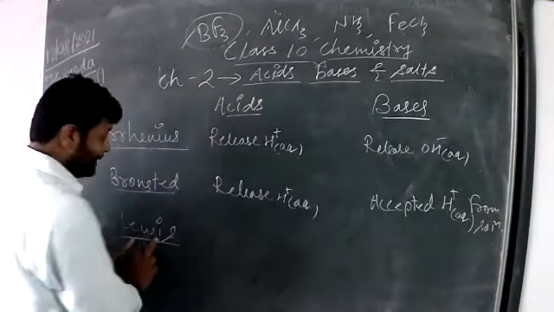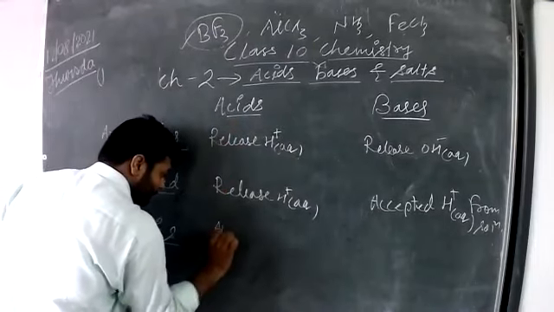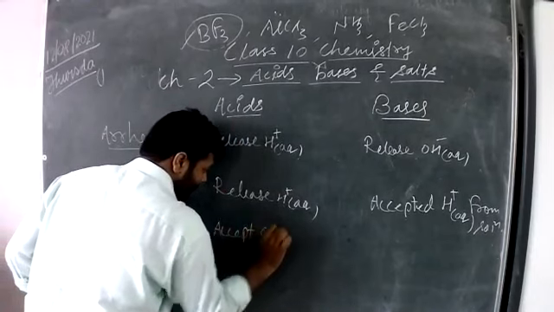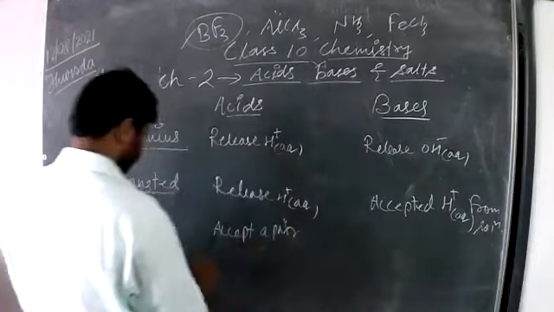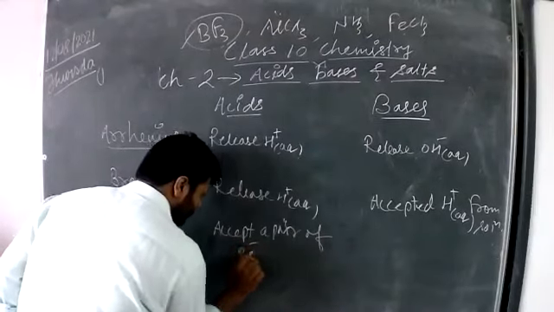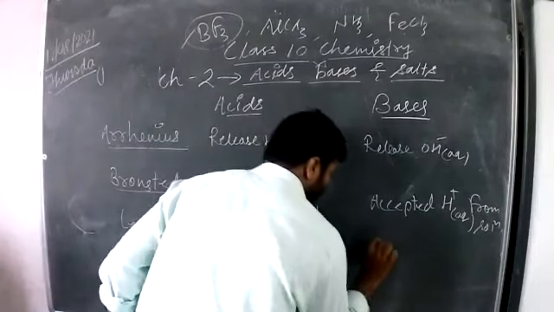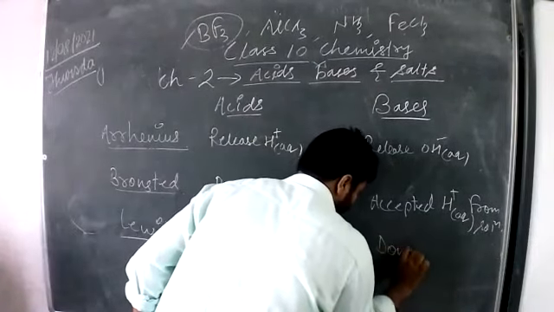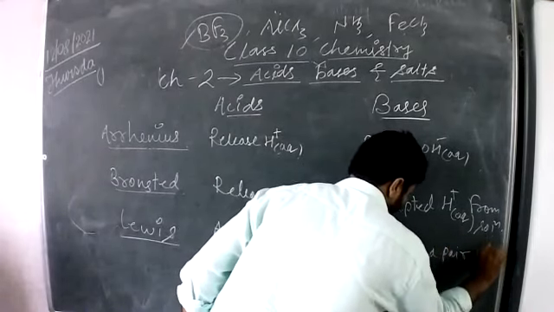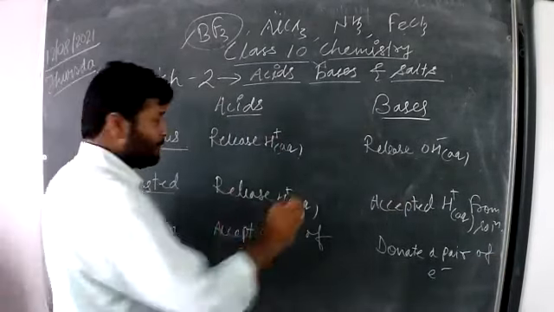So the Lewis definition will be: accept a pair of electrons. So now we have three different definitions.